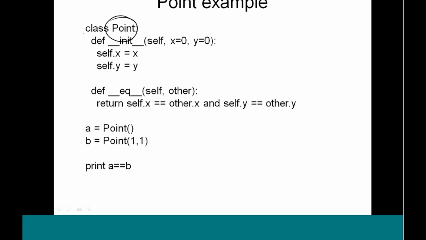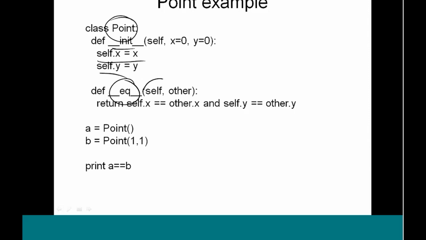So here we define a class called Point, and in its __init__, basically it's self, x is equal to 0, y equal to 0, and then it sets self.x and self.y. Now we can also define the equal to testing.